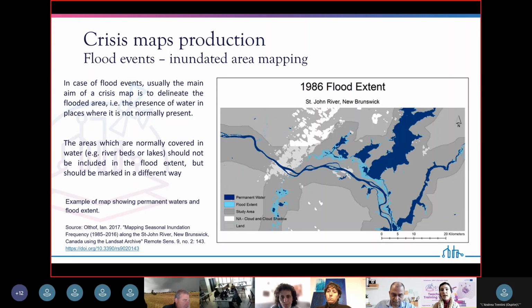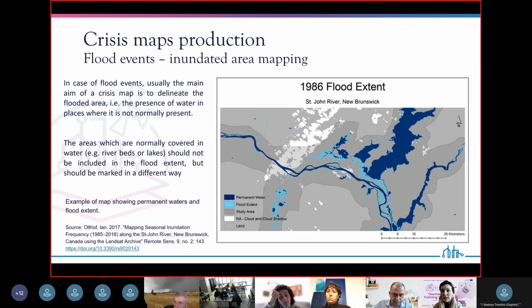Here you see in this image an example in which the permanent waters are represented in dark blue, while the flood extent is light blue. So where the water is present but shouldn't be.